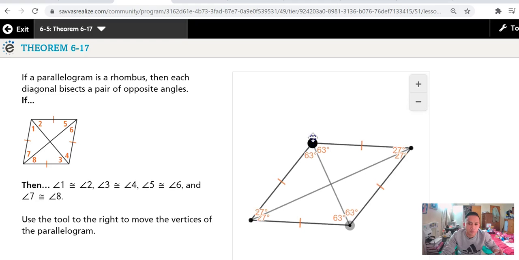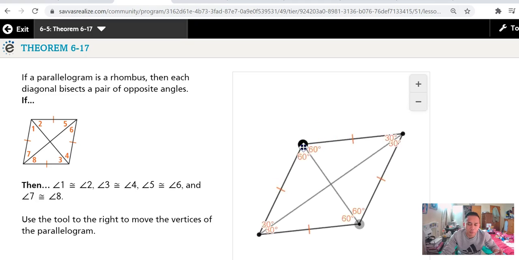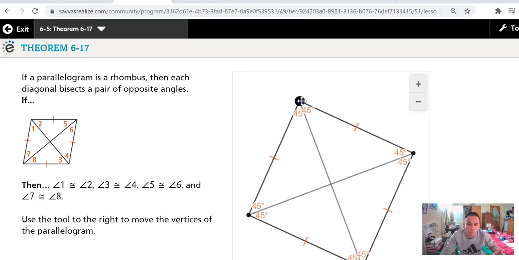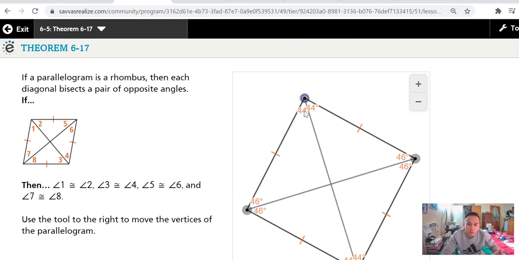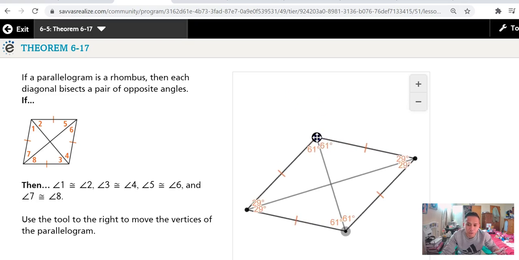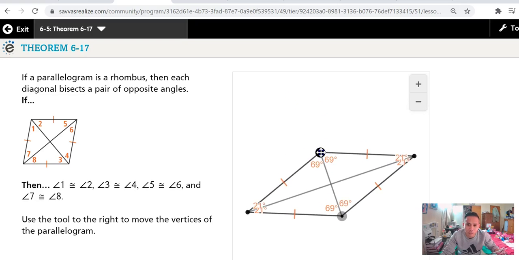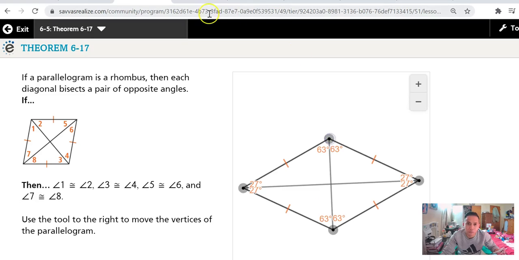Every time I move my mouse, it is always the same, because every time you draw your bisector, it bisects your angle also. It will change, but definitely they will be the same, and they are congruent.